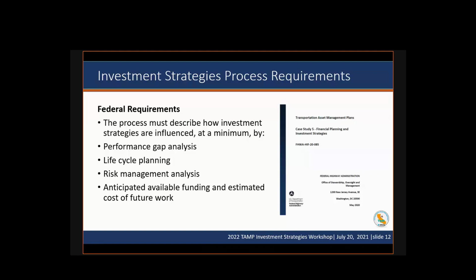So that's inventory, condition, and targets, right? That's what leads to the performance gap analysis, life cycle planning, risk management analysis, and then what funding do we think we have available, and what is it going to cost to do that work in the future? So you really take these things and you're trying to develop a strategy that is considering all of these for you to go forward and execute in the coming 10 years. Next slide.